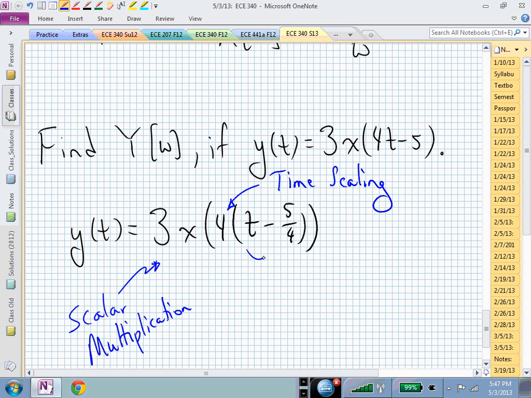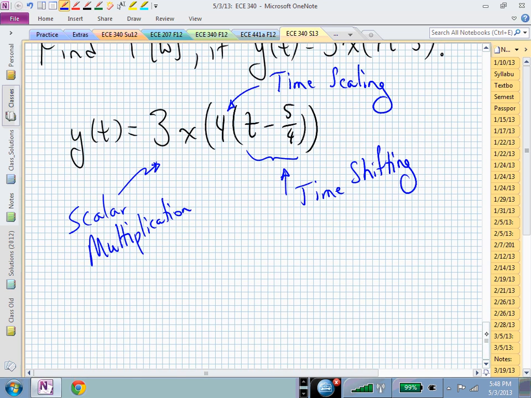The t minus 5 over 4 is saying that there's a delay involved, and this is a time shifting operation. What you want to be able to do is apply those 3 relationships relative to the time domain signal and how those translate into the frequency domain from those transform tables.